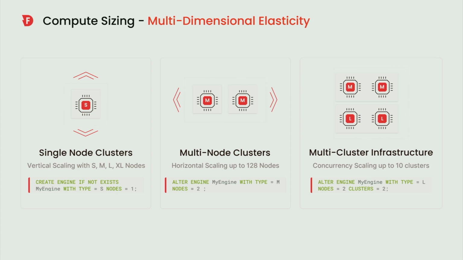You can scale out from 1, 2, 3, 4, 5, 6, 7 to up to 128 nodes. And you can scale for concurrency, meaning you can have multiple independent compute clusters behind the same REST endpoint and resize this dynamically during the day to change your readiness for different QPS requirements that you might have.